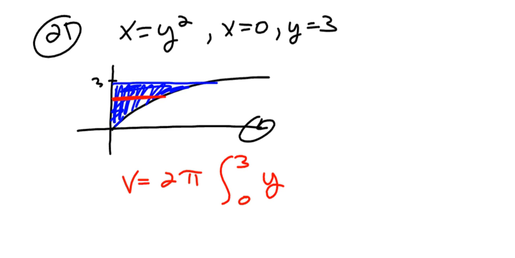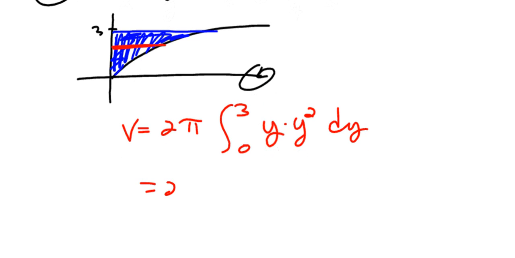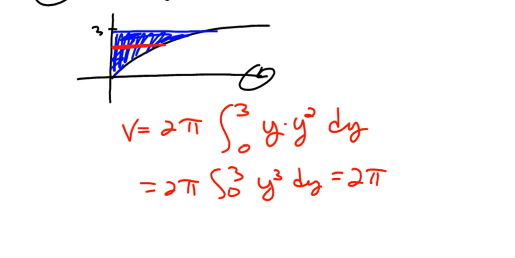So I'm going to have y as part of my length, the 2 pi y, and I'm going to multiply by my function. Remember, it's supposed to be in terms of y, and it's already set up that way, so it's y squared, and then dy. So finding my antiderivative of y cubed should be y to the 4th over 4, and evaluating it from 0 to 3.